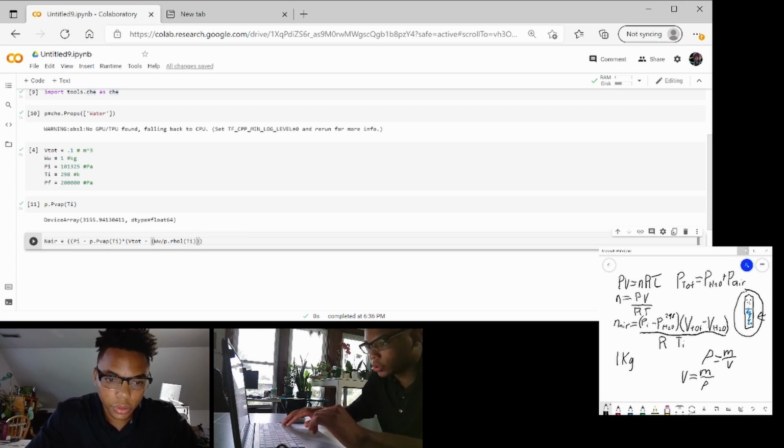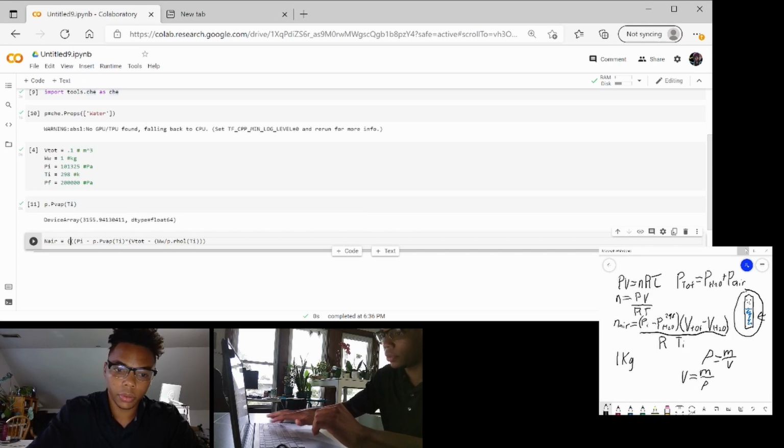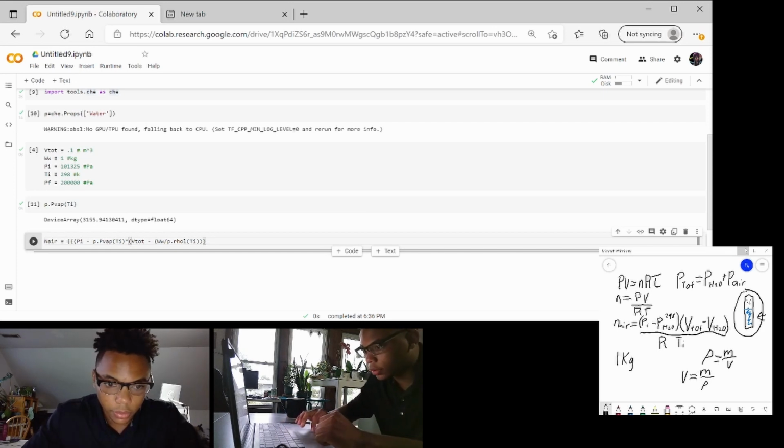And so now that we have our initial pressure minus our pressure of water at our initial temperature, that is going to be multiplied by our total volume. So we get to add one more parenthesis. Is this not right? We need to add one more.